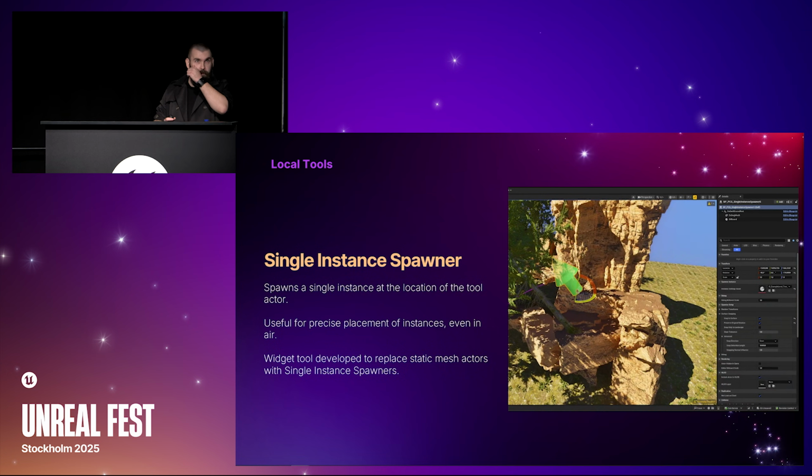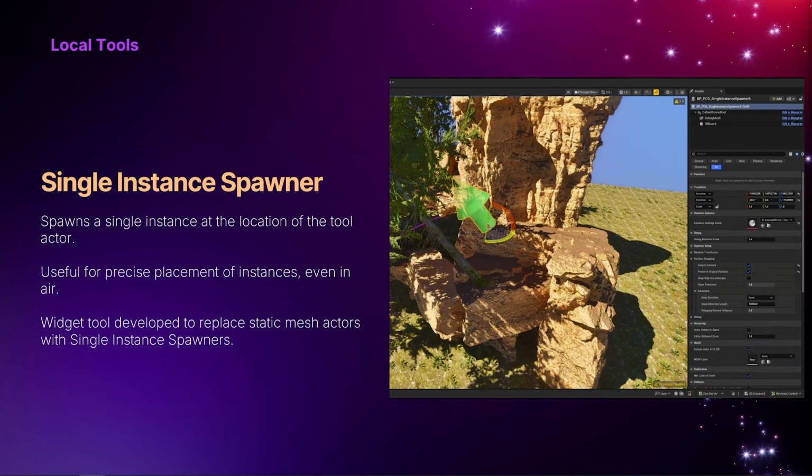There's another blueprint utility widget that's like a twin tool to this one. It's a blueprint tool that enables you to select multiple static mesh actors of a single tree or whatever other foliage or other type of mesh you have, and you'll use this tool to replace all those meshes with single instance actors with the same instance settings.